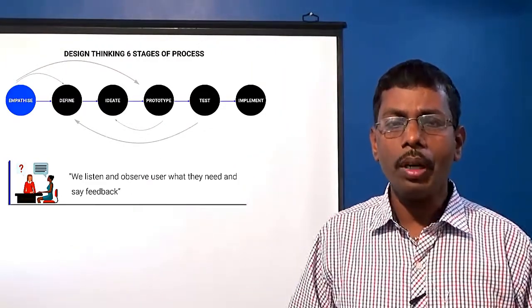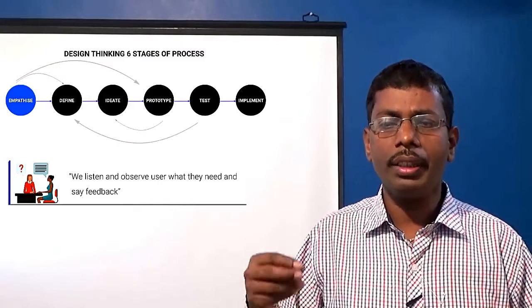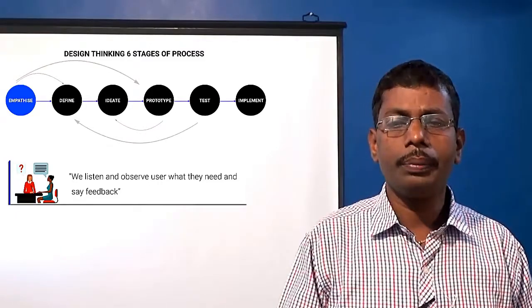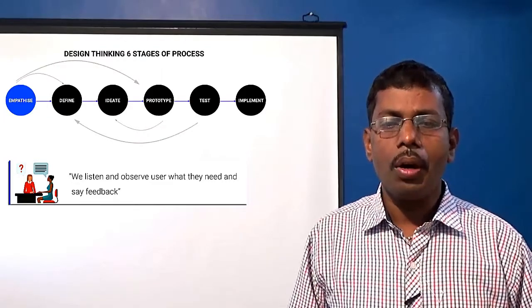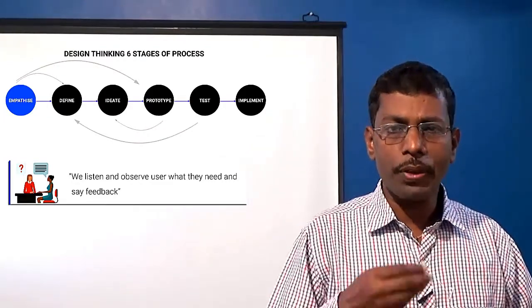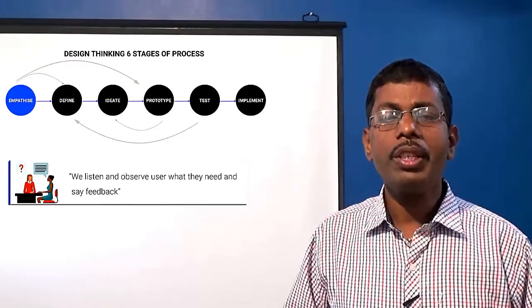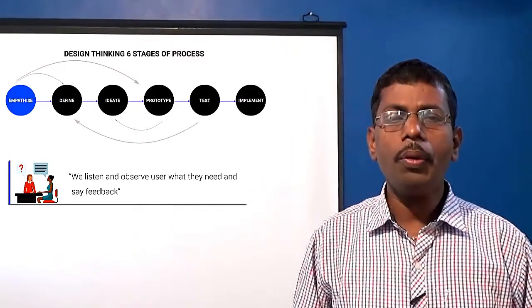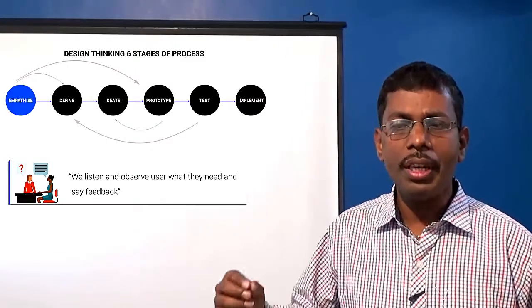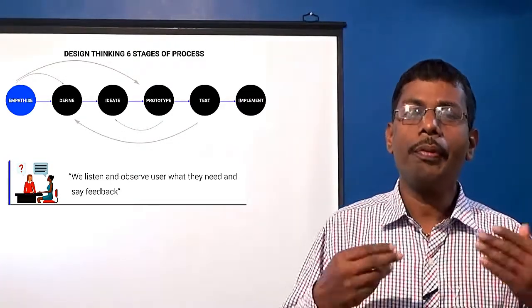Directly observe what they do, what they think, what they want, what motivates or discourages them, and where they experience frustration when using an existing product or a competitor product. The goal is to understand users' needs and feedback from their own perspective.